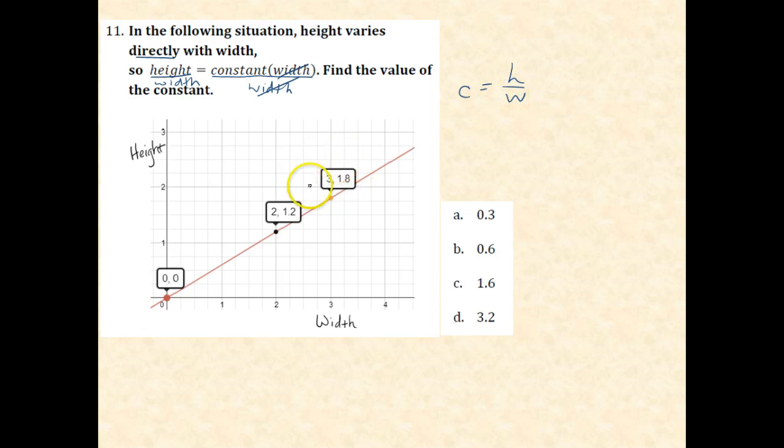So I can just take any one of these points and find my constant by doing the height, which is the y value, over the width, which is the x value.